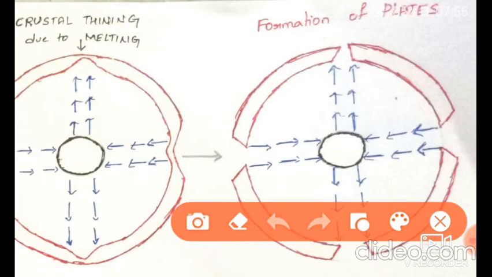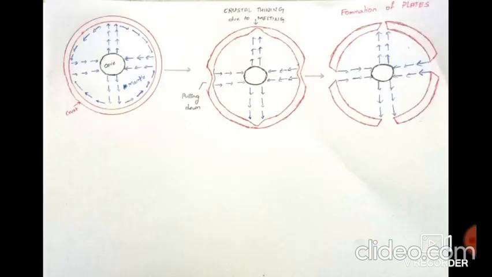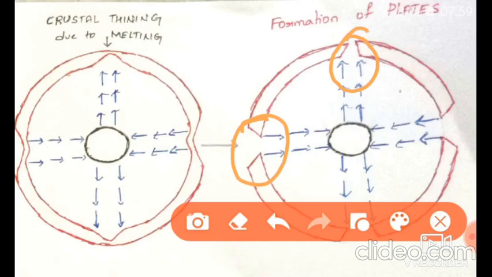And finally, crustal breakage at both points of divergence and convergence leads to formation of plates. The interaction between these plates leads to the formation of oceanic crust and continental crust. This is the flowchart of the entire process. These points are called plate boundaries.